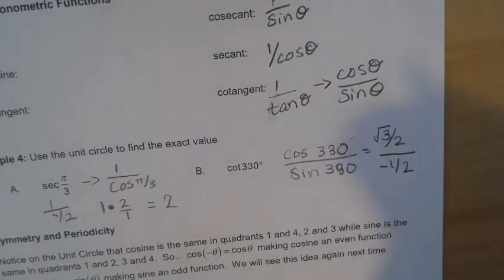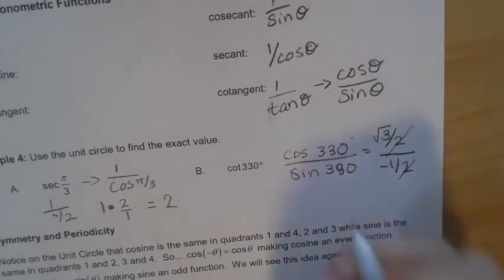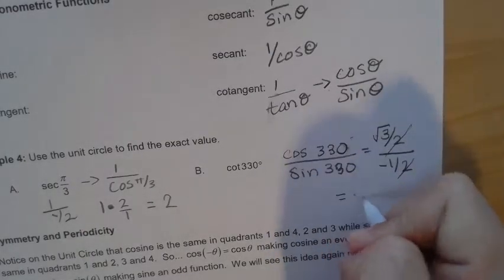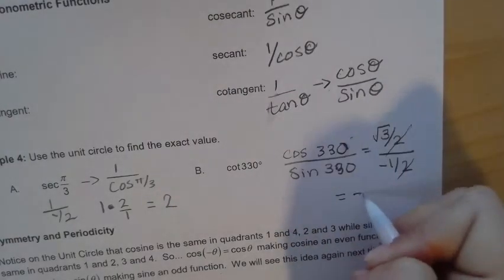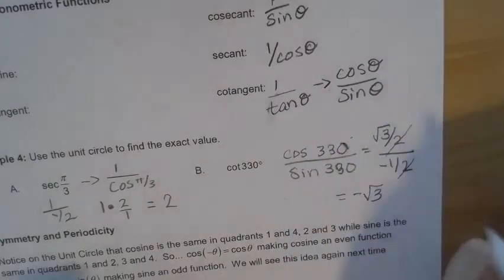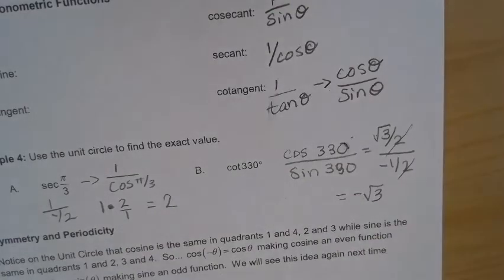So let's simplify that. The 2's cancel, leaving us with negative square root of 3. Now remember, I do not want square roots in the denominator, so you're going to have to simplify that further if we run into that situation.